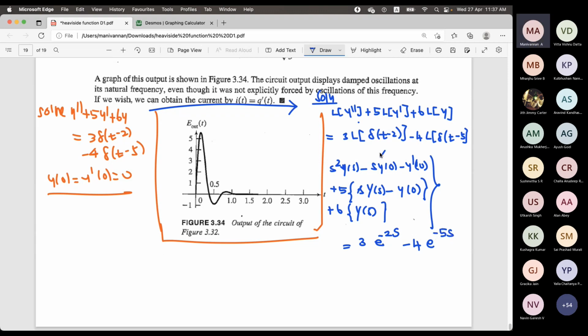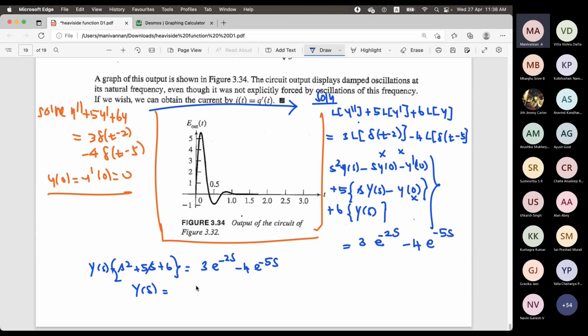So applying these conditions here, it is y of s into s square plus 5s plus 6 equals 3 into e raised to the power minus 2s minus 4 into e raised to the power minus 5s. Then this is y of s.